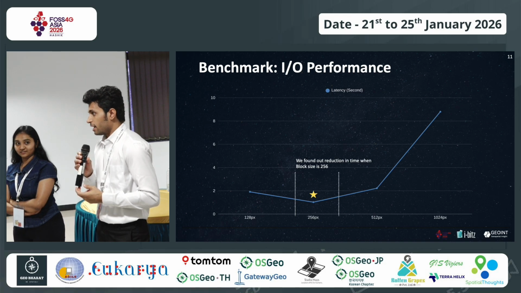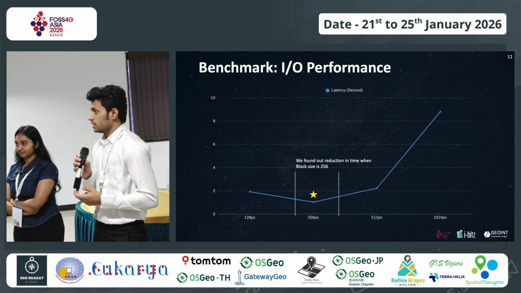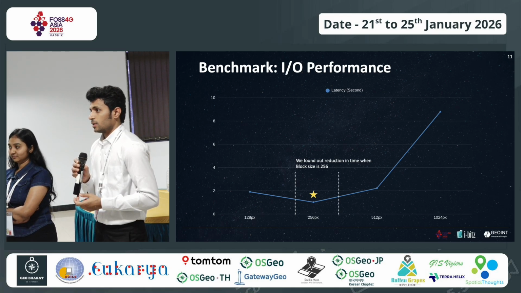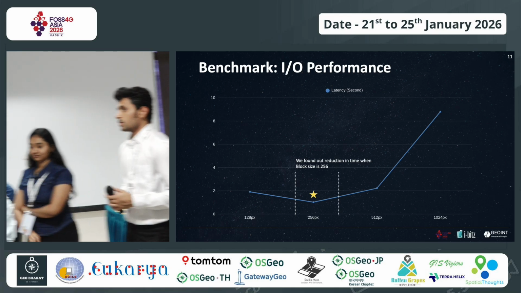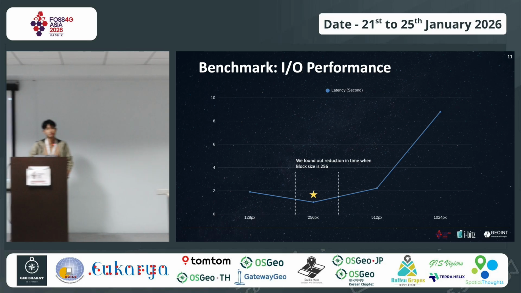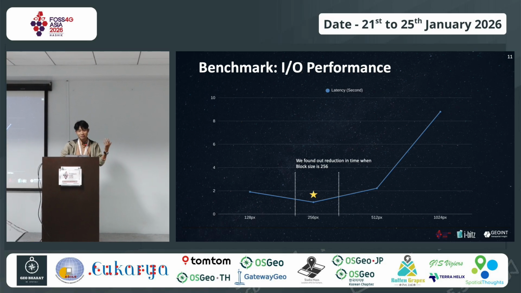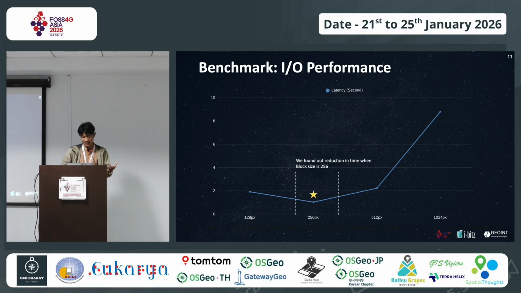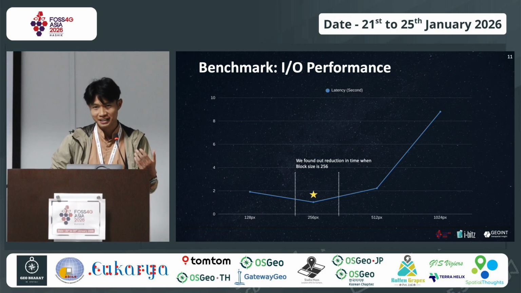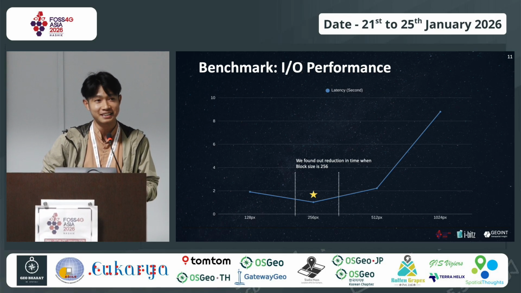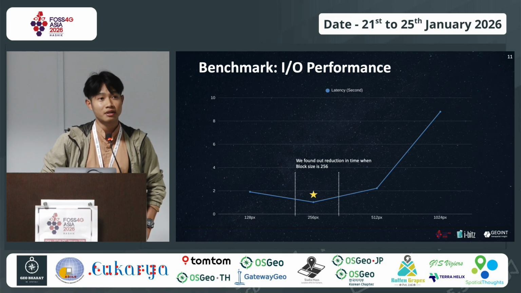So first, why does 128 pixel have more latency than 256 pixel? It depends on the file size before the COG, and it depends on the bbox from the data settings when we send the bbox to read data from S3. Okay, thank you.